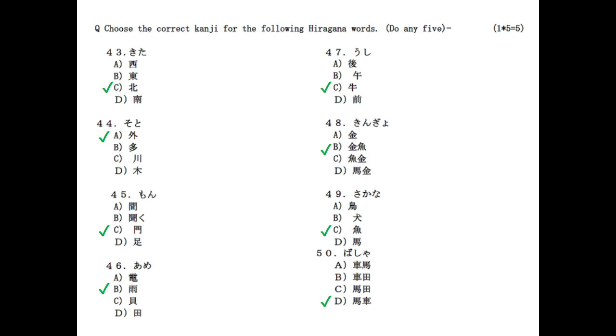For example, in 50 they have given ba, sha, which is horse and vehicle, horse plus vehicle. And in 48 you have kingyo, which is gold and fish.